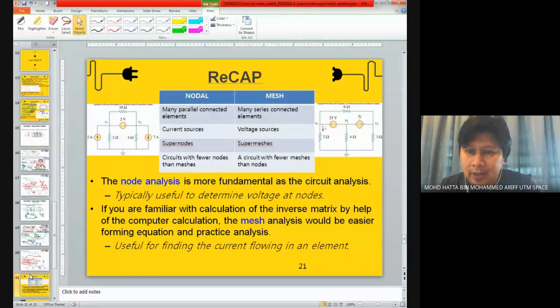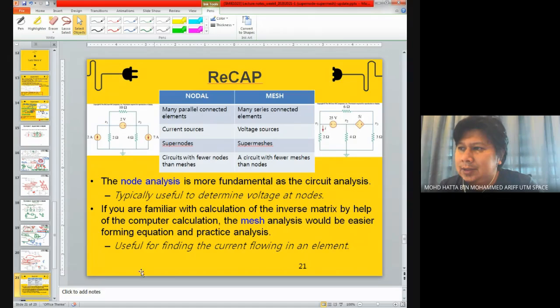You need to know that there are two types of circuit analysis method. First, by using node. The second one is by using mesh. Normally, if you try to apply node analysis, you will see that the circuit has many parallel connected elements.